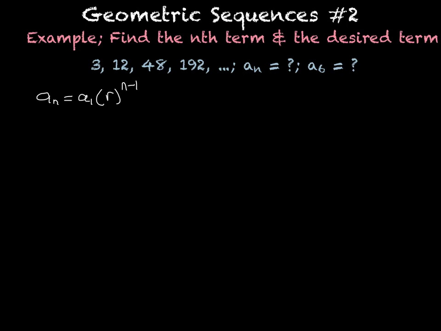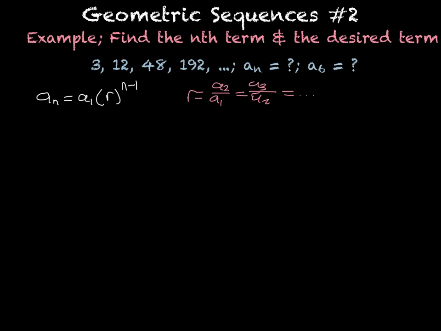So the first thing I need to do is find my common ratio. So r is going to be my second term divided by my first term, which is going to be equal to my third term divided by my second term, and so on.